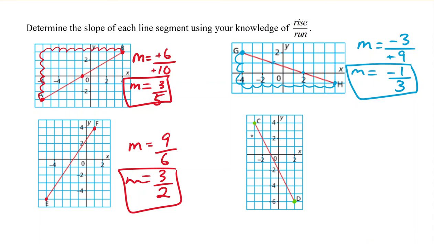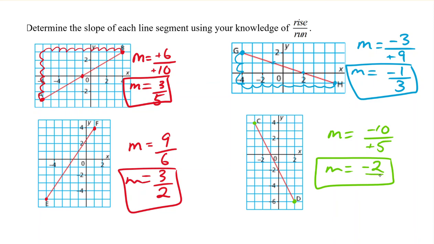We'll go down 1, 2, 3, 4, 5, 6, 7, 8, 9, 10. Holy guacamole. Down 10, and then over 1, 2, 3, 4, 5. Over 5. So negative 10 over 5 is negative 2. Our slope is negative 2. Basically, what this is saying is the same as negative 2 over 1, because we're going down 2 over 1, down 2 over 1, down 2 over 1. And that's the idea behind slope.